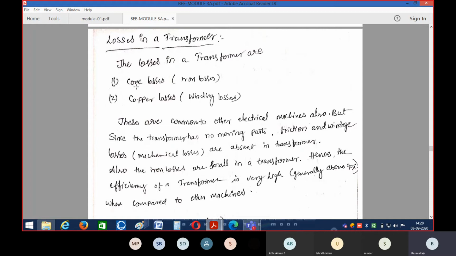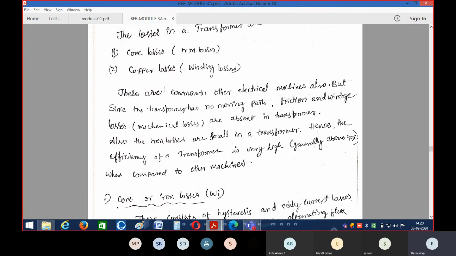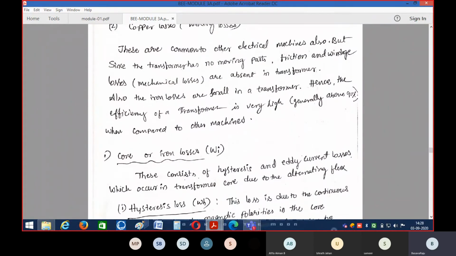In the olden days they used iron material for the core, and that's why core loss is also named iron loss. The winding is made of copper, and that's why the losses in the winding are called copper loss. Let me explain core loss and copper loss in brief.